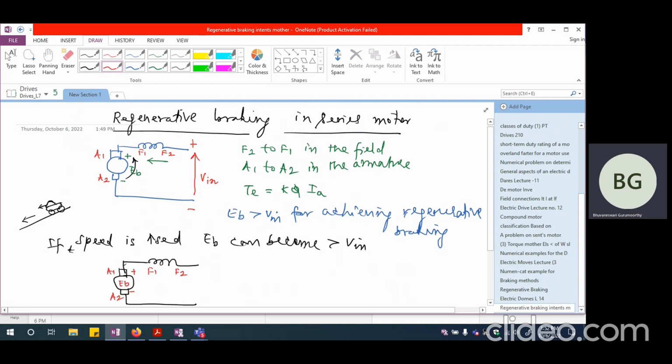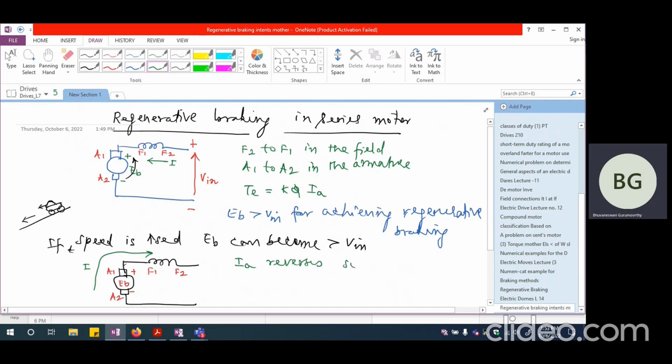So the current is supposed to flow now in this direction. If EB is greater than VA, IA has to flow in this direction, whereas previously it was flowing in this particular direction. So now IA reverses.